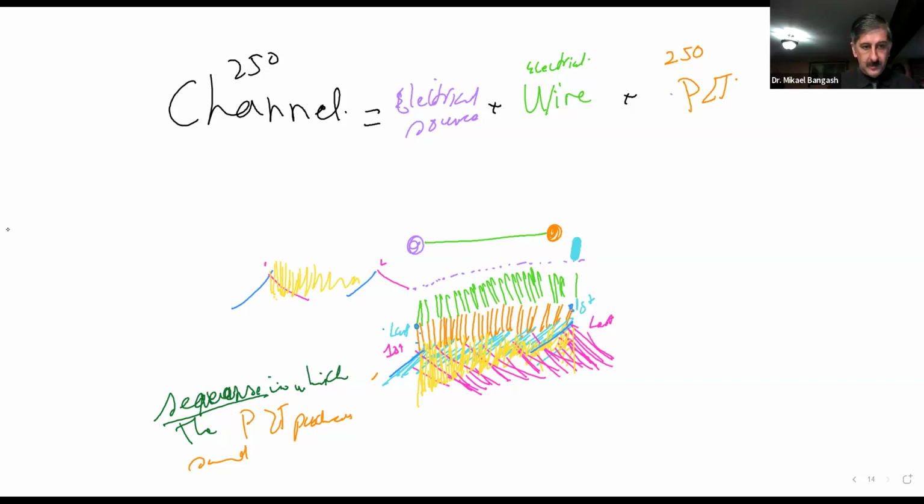But say it goes, for instance, blue, then it goes yellow, and then it goes pink. And that's how your beam goes this way, then it goes this way, and then it goes this way.